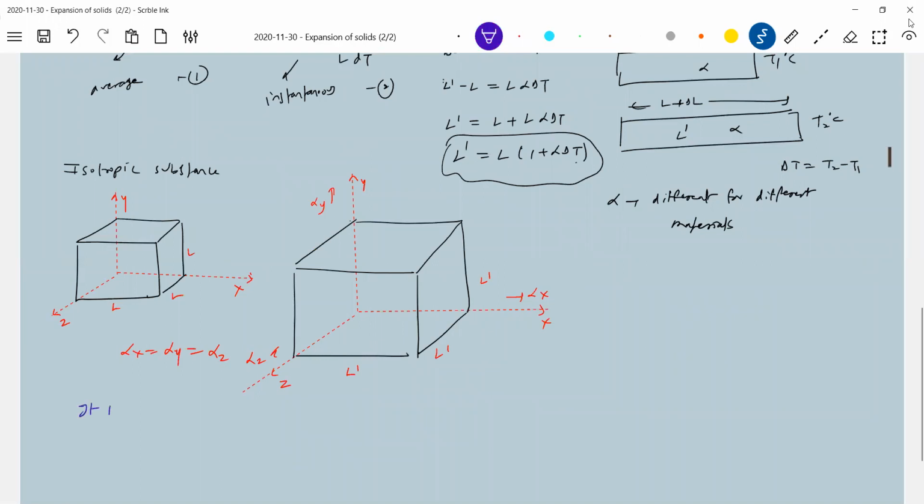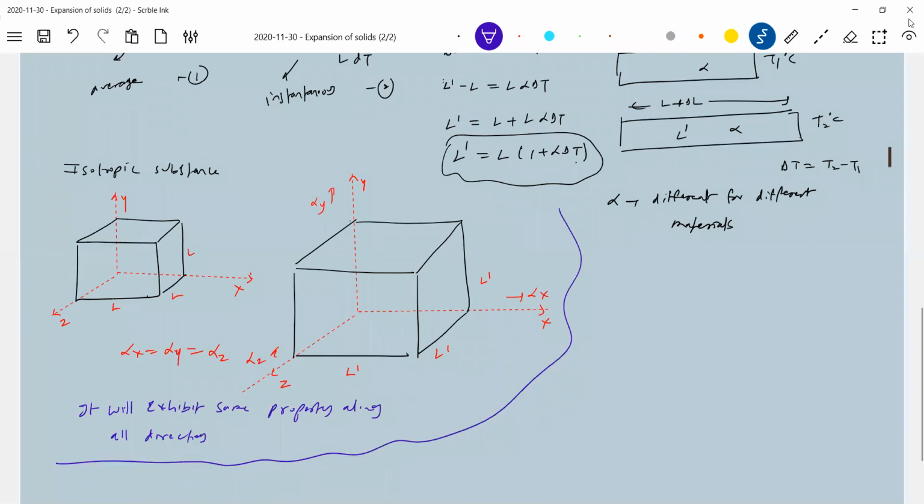It will exhibit the same property along all directions. This is about the isotropic substance.